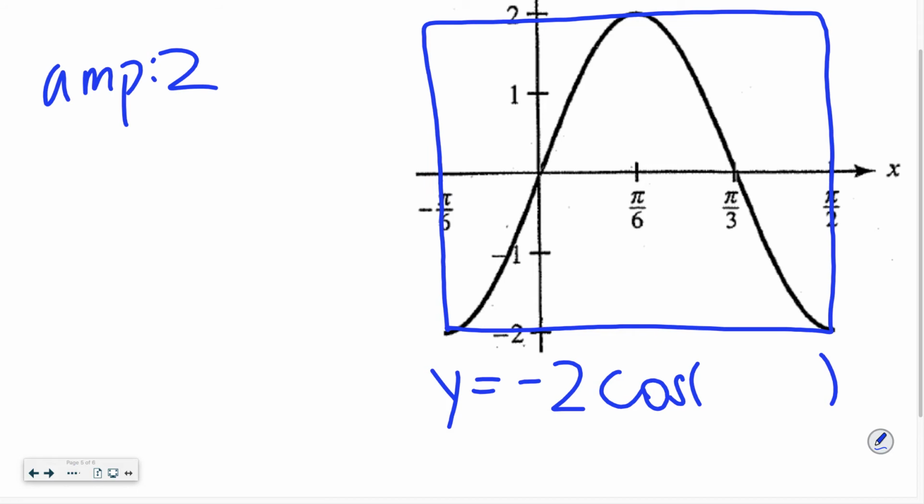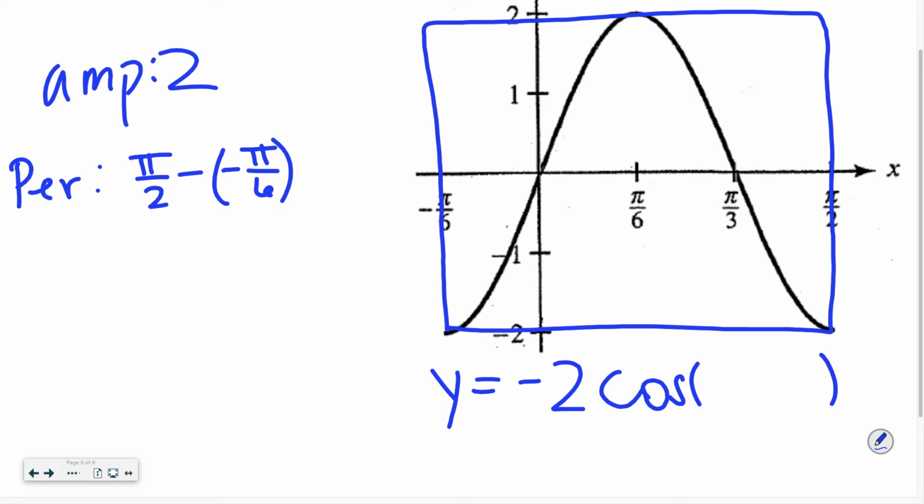Okay. Anytime we want a length, we need to know what the difference is from end to beginning. So our period, we are going to take the place where it ends and subtract the place where it begins.